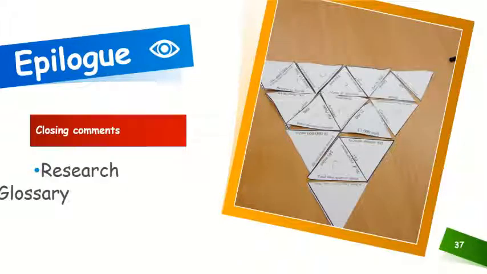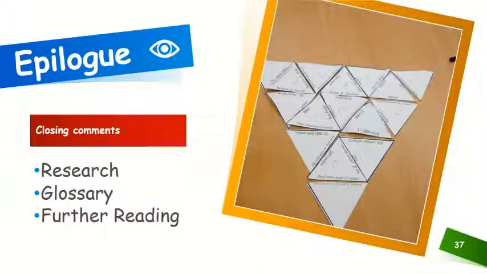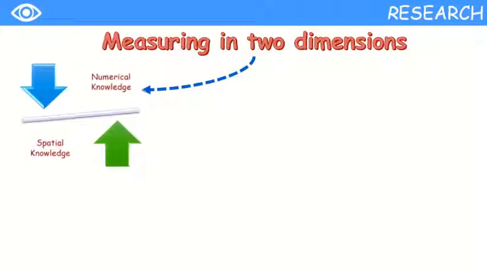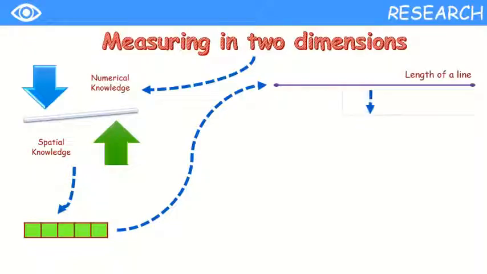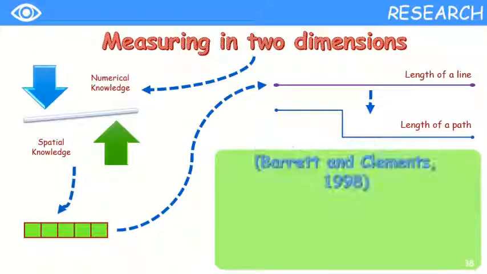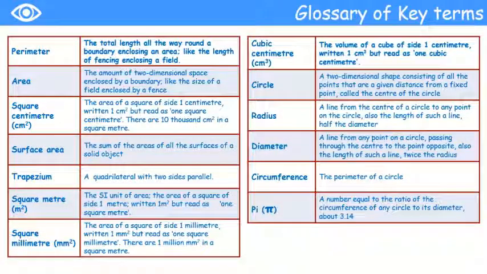We have the epilogue, and we have focus on research, glossary, and some further reading for you. I've collected some interesting research, so measuring in 2 dimensions. See a glossary of key terms and some explanations of these terms.